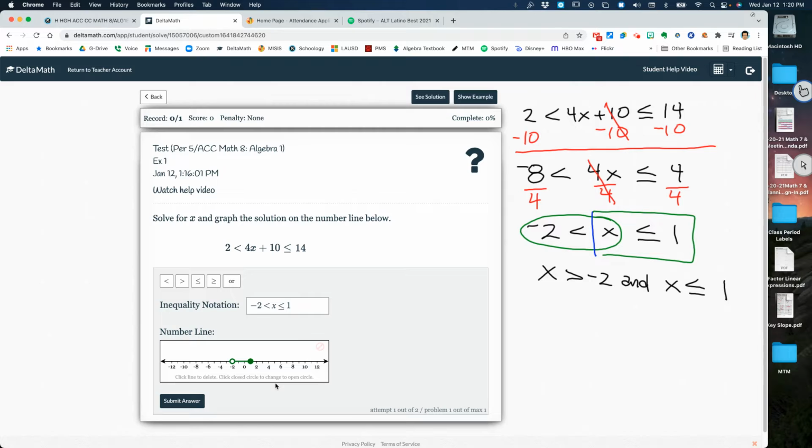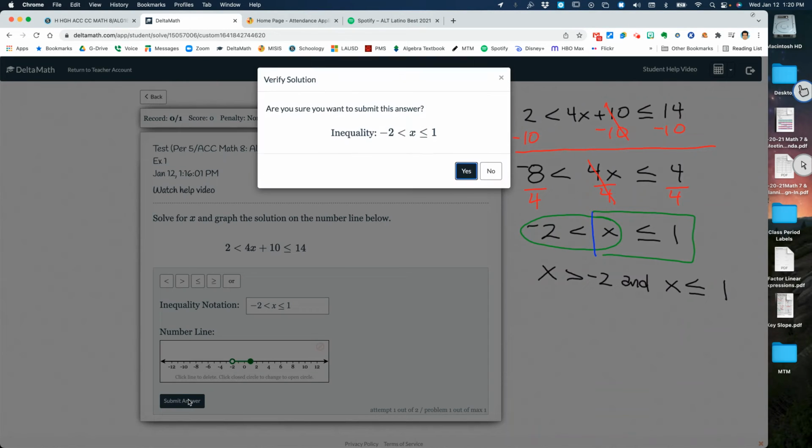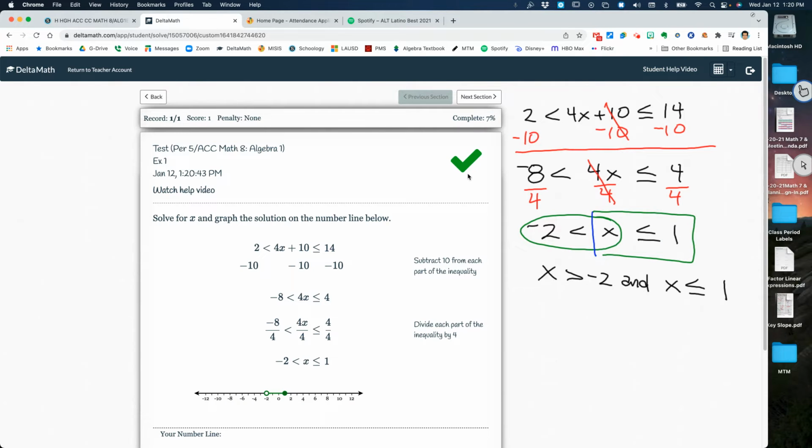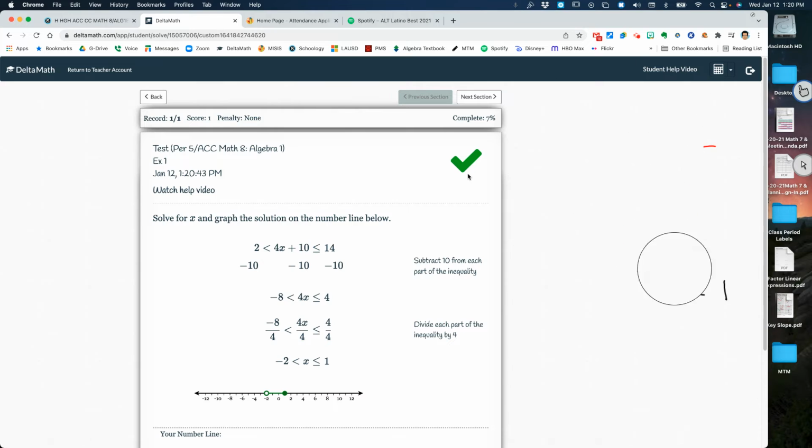So this is what we have as an answer: all the real numbers between negative 2 and positive 1, including positive 1. Okay, that's our answer. Let's test it out. And there it is. Compound inequalities. Let's do a few more.